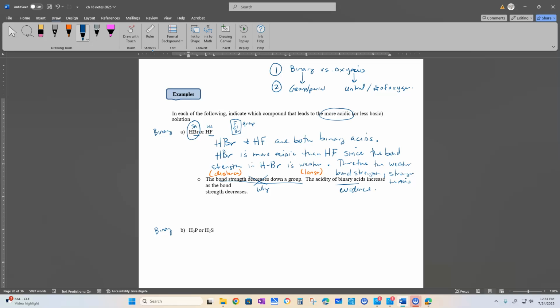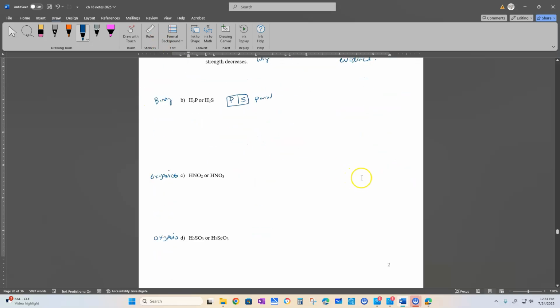Okay, so for P and S, you're going to notice that they sit right next to each other. So we're looking at a period trend. Look right above. And then we have C and D, where you have the same central atom, but different number of oxygens.